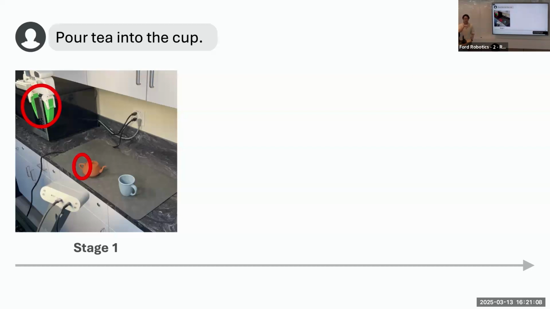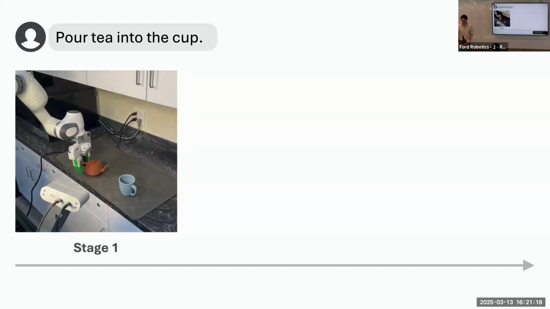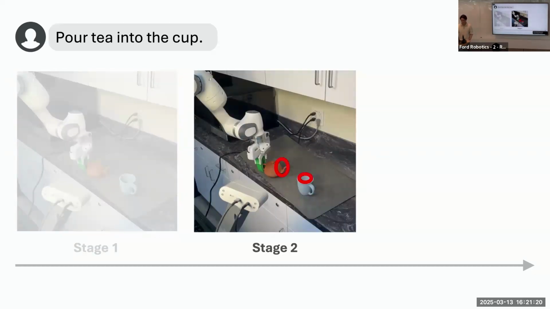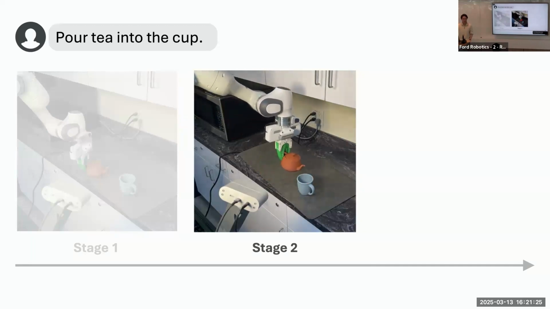If you really look into what's happening at different stages of the task, you realize at the end of the first stage, the robot gripper has to get closer to the handle part of this teapot. And at the end of the second stage, you want to make sure the tip of this teapot is right above the cup. During the process, you don't want to wiggle the teacup around.